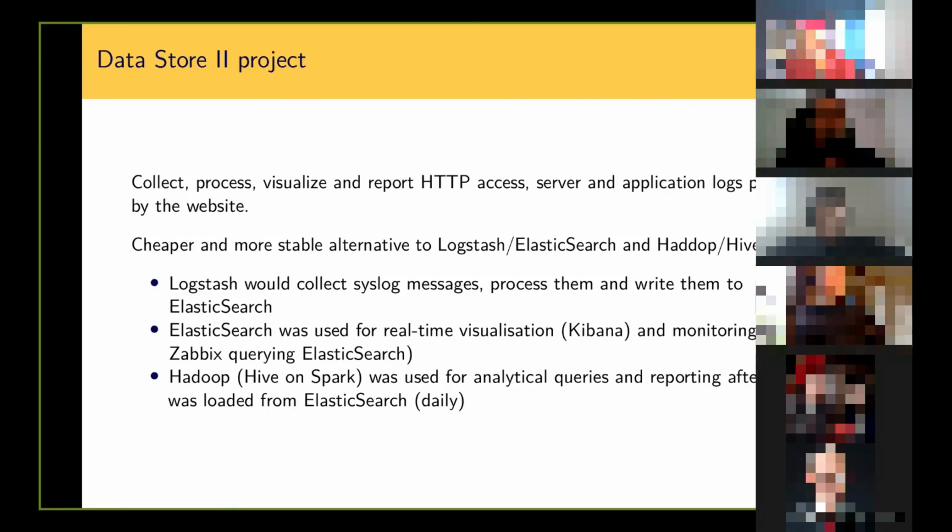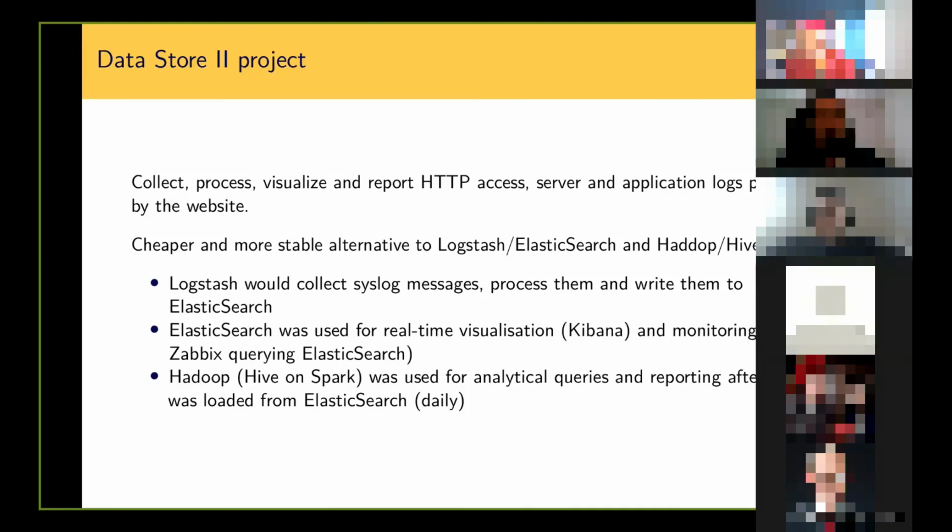So to keep 2 weeks of logs viewable in Kibana, I had to use a 32 or 64 gig machine just for that. And then I moved data to Hadoop, and there was this mapping from messy JSON into something table oriented, which was a headache as well.